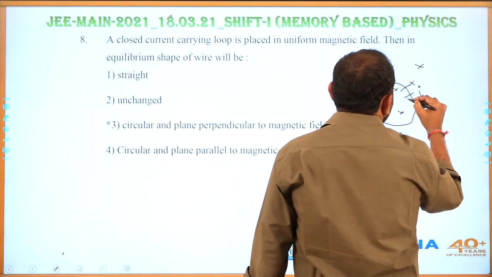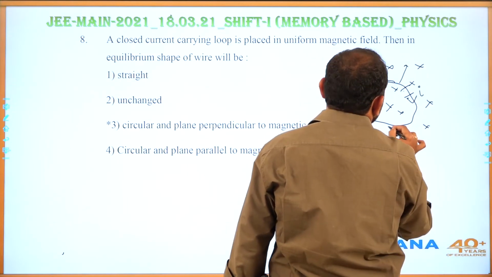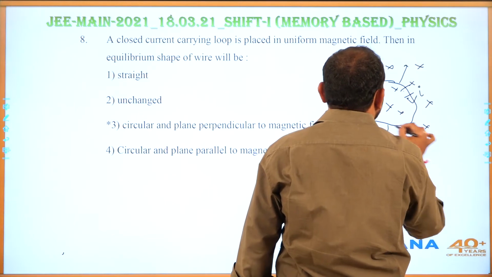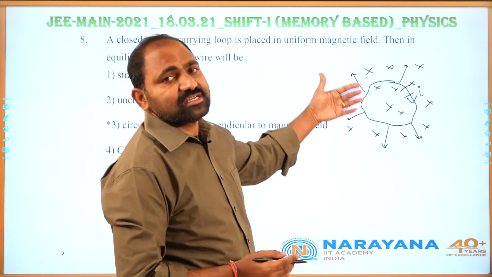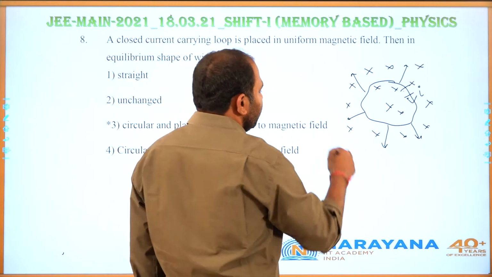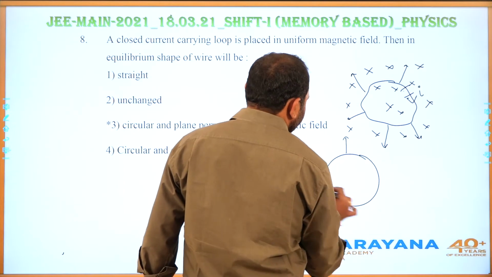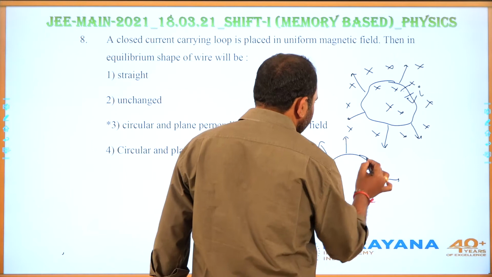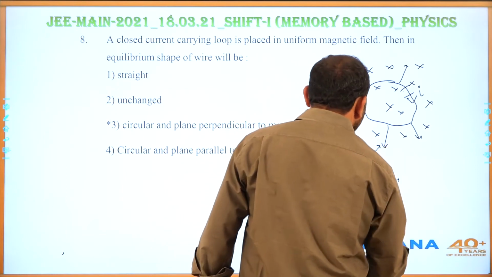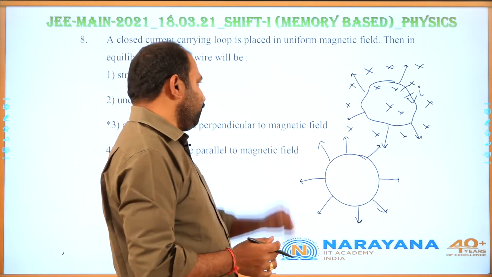Assuming current to be flowing like this, now it experiences outward force in all directions. As it is experiencing outward force, just like the force of surface tension, it acquires a circular shape like this. In equilibrium, it will be a circle with its plane perpendicular to the magnetic field, but it is in a state of tension because of magnetic force.